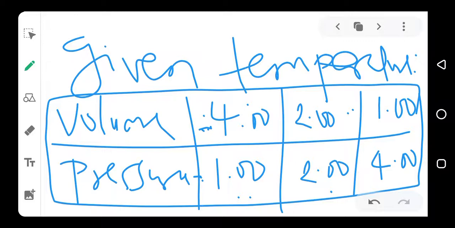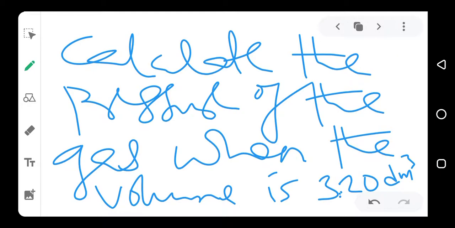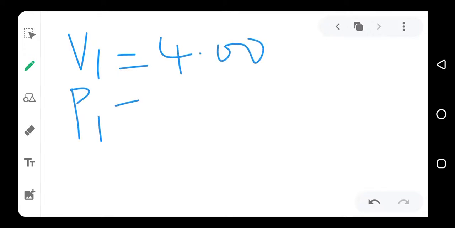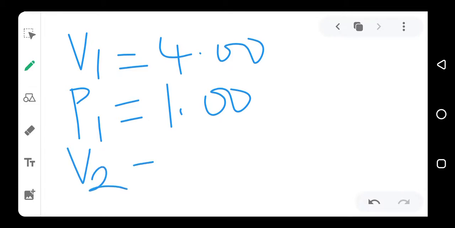We decided to pick the first one, so V1 is equal to 4.00 and our P1 is equal to 1.00.